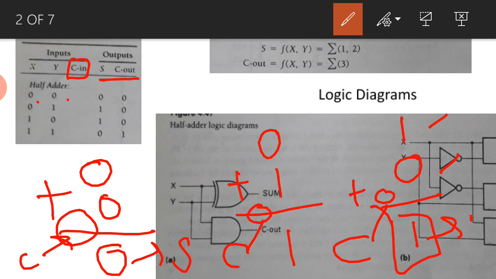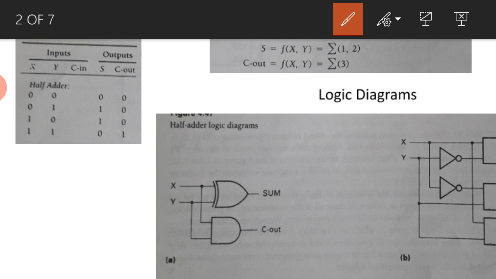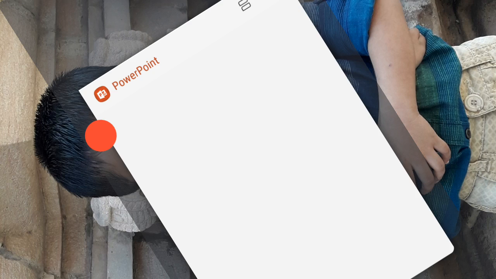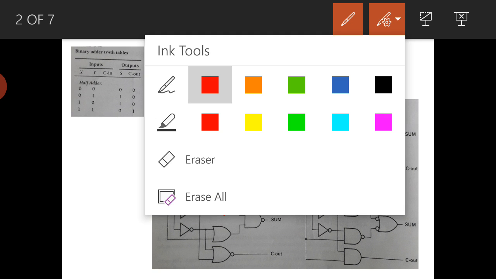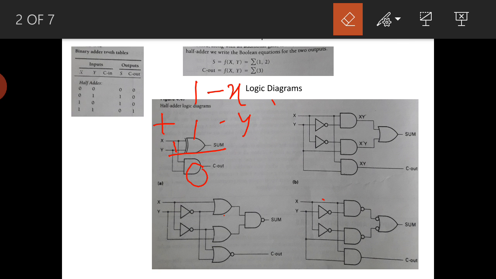Similarly the last combination, 1 plus 1, where this is x and this is y. 1 plus 1 is 1 0, meaning the carry is 1. 1 plus 1, sum is 0, carry is 1.